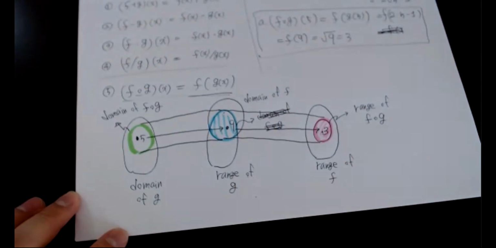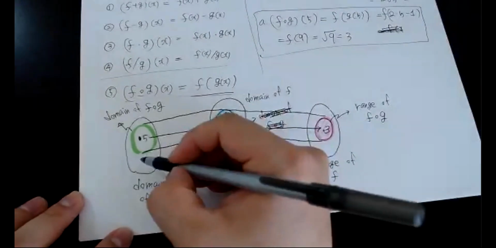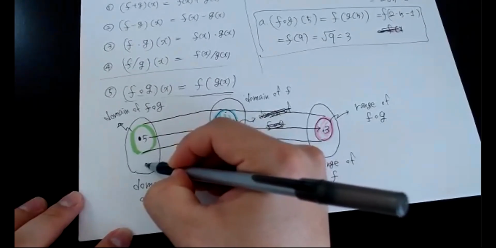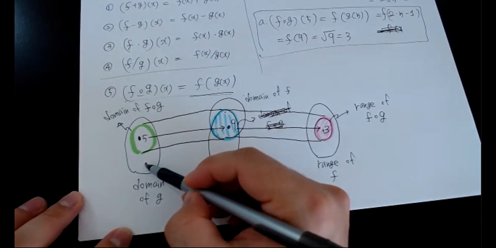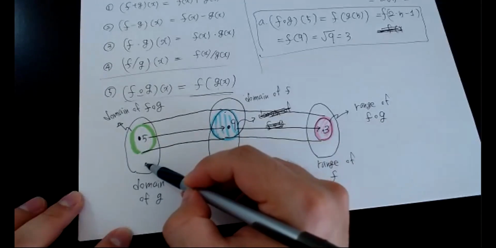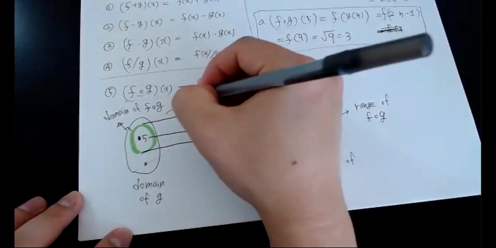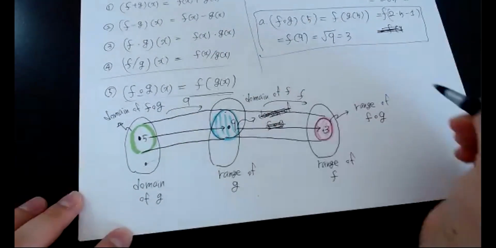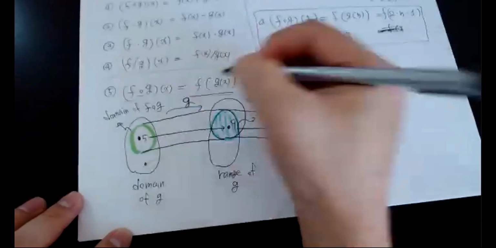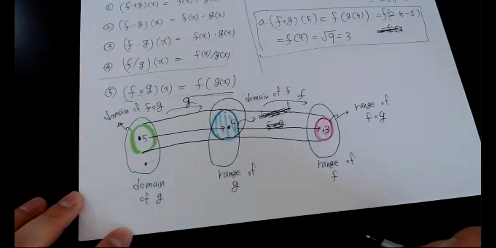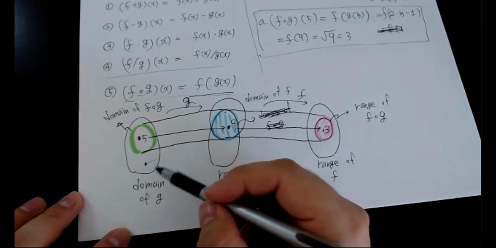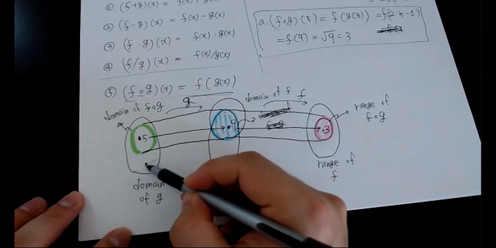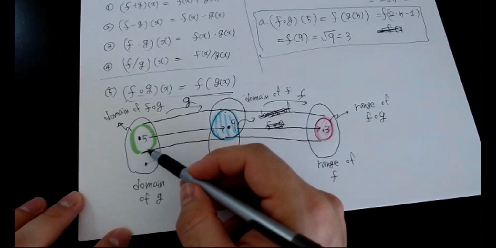Okay, so this is function g, and this is function f. Definitely there may be a number that does not belong to the domain of f after g.